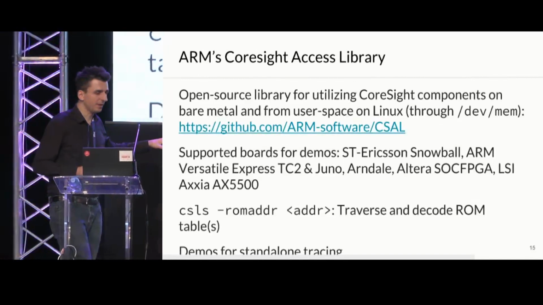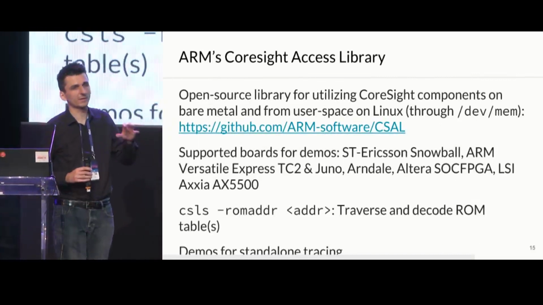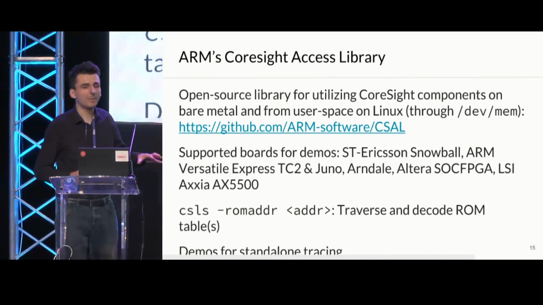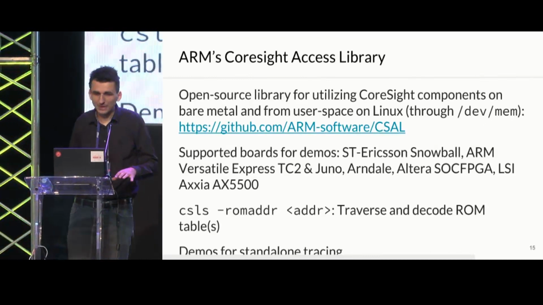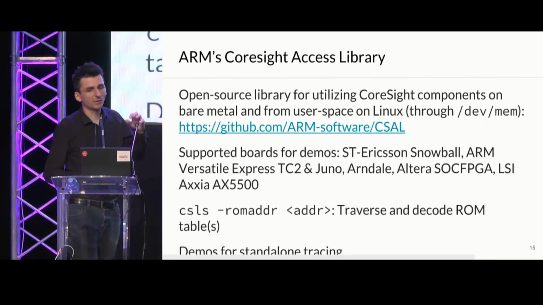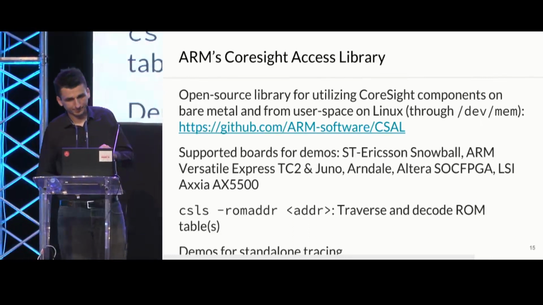In terms of software, if you want to do this yourself without support from a kernel, there's a great open source library that ARM published in January this year. Basically it allows you to utilize all the different CoreSight components from bare metal or through /dev/mem.